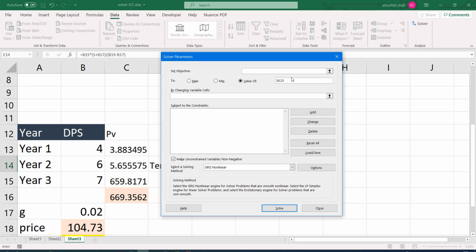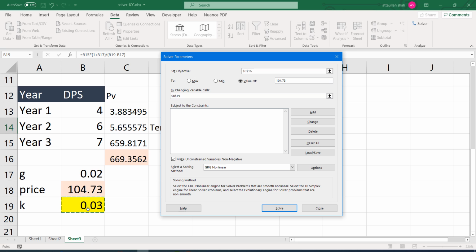What is our objective? Objective cell is the formula that we have just calculated, that is the total value of the share, and we will try to equate it to what? It should be 104.73, and we shall change by changing k, that is the unknown, and at the moment we don't have any constraint, so let's solve it.